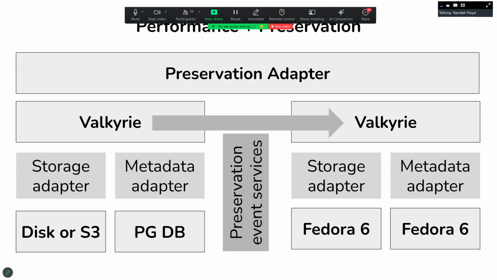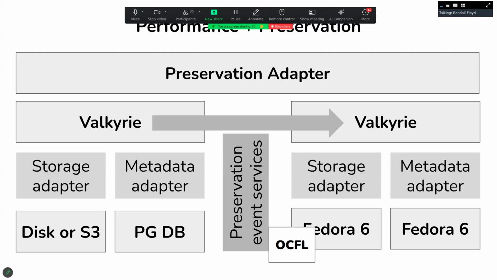So why can't you just have some event-driven services as a preservation component wrapped under the umbrella of what we might call a preservation adapter that can populate and keep in sync your downstream preservation persistence via the same kind of adapters that you would use if you were just doing Fedora 6 straight up in Hyrax.